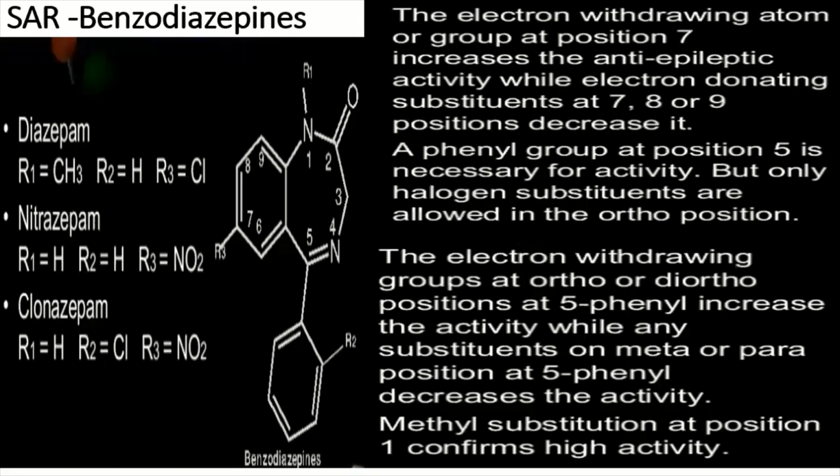That is, in this aromatic ring, when there is substitution in this R2 position or in this position, these are the two ortho positions. If there is a substituent at both positions, it will increase the activity. Whereas when the substitution is in the para position, it will decrease the activity. And methyl substitution at the first position will also give high potency. For example, in diazepam there is a methyl substituent.